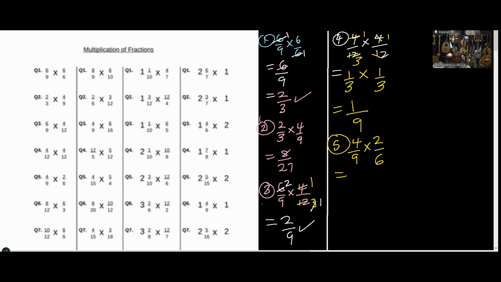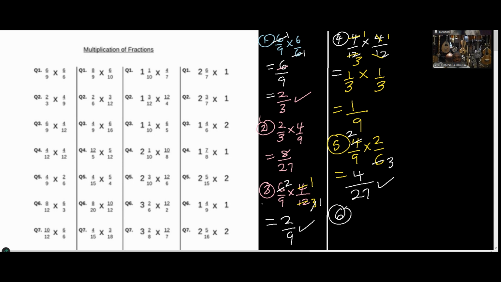So 2 here 1, and 2 here 3, okay? And I think that's the only thing that can cut. So 2 times 2 is going to give me 4, and 9 times 3 is going to give me 27. So this is the simplest form.